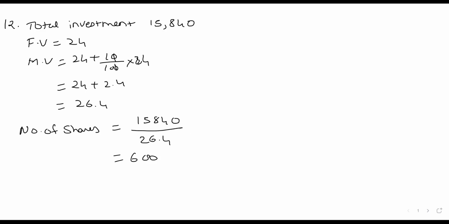Company pays 15% dividend annually. So 24 pay 15%. 15% annual dividend is 15 upon 100 into 24. That is 3.6 is the annual dividend on one share. So the question is the dividend she receives annually.